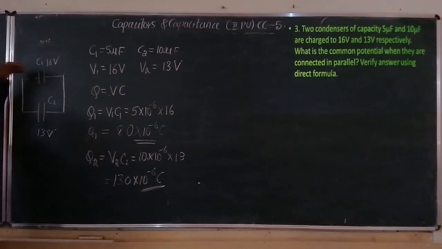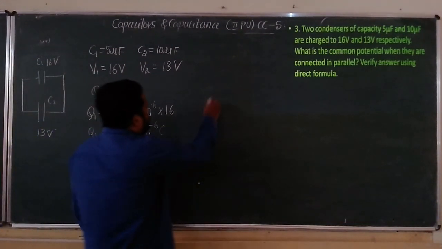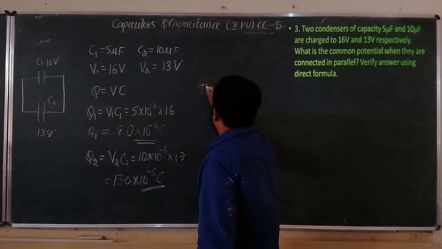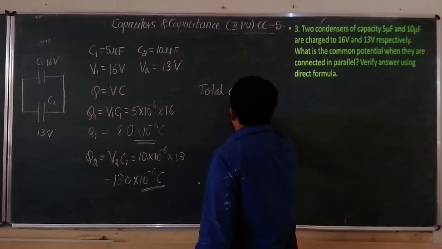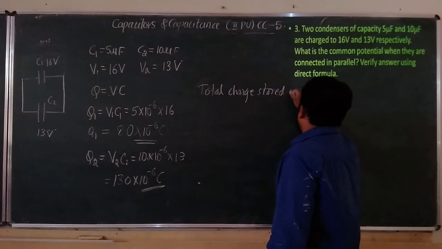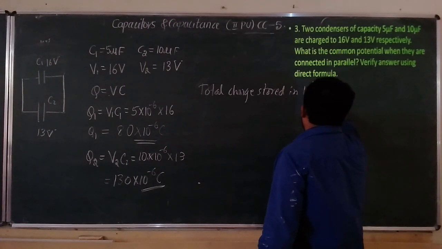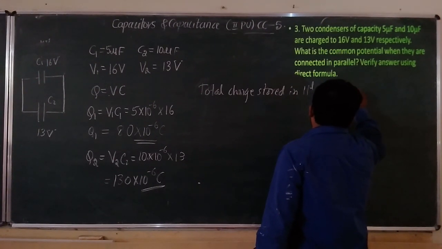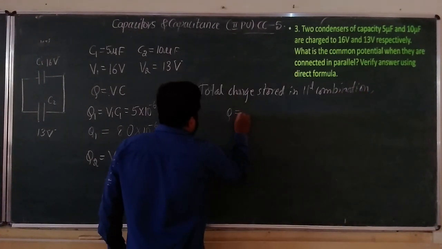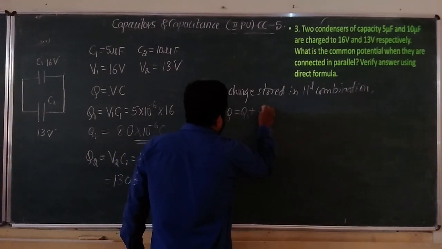When these two are connected in parallel, total charge stored in the parallel combination, Q, we know that Q is equal to Q1 plus Q2.